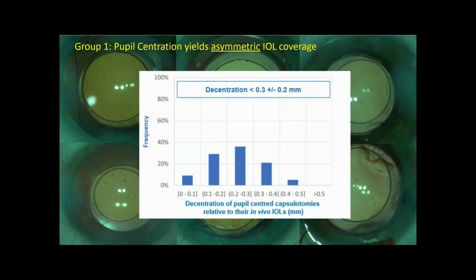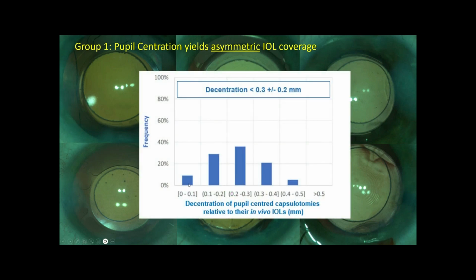So now if we use group 1, we have asymmetric IOL coverage. We have IOL coverage in all situations, but we actually see the decentration, and we can see it's somewhat random. It's not predominantly nasal or superior, it's kind of all over the place, and this may well be due to the fact that the pupil dilates asymmetrically and there isn't a strong anatomical preference.